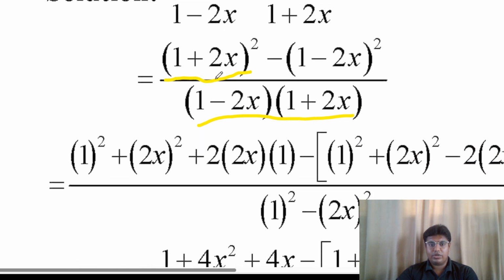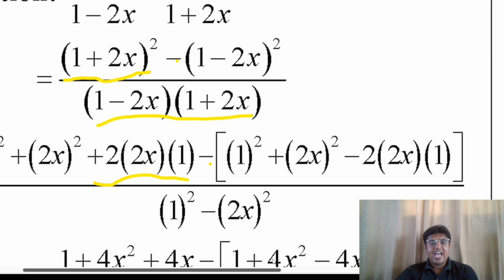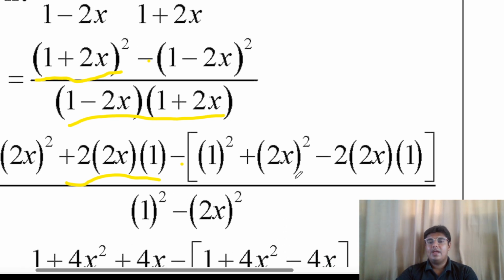Now you can apply the formula: (a plus b) whole square, (a minus b) whole square means a square plus 2ab plus b square. This minus will remain the same, and definitely apply the formula over the next one: a square minus 2ab plus b square.